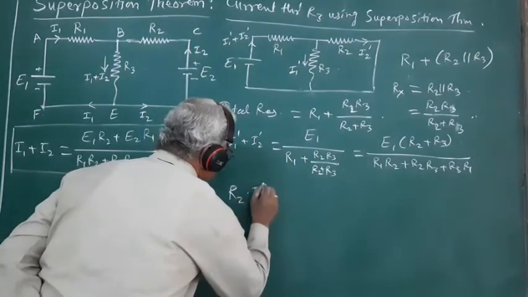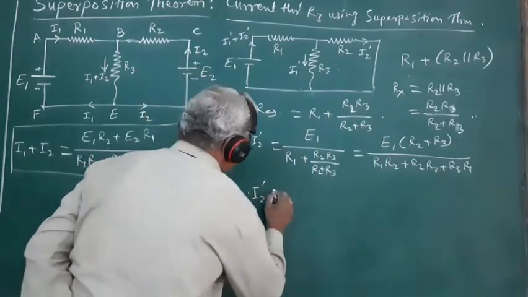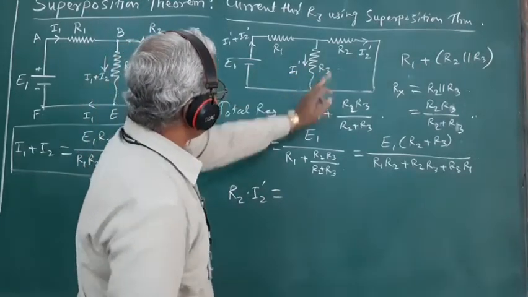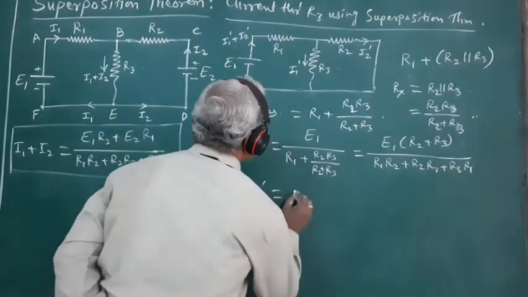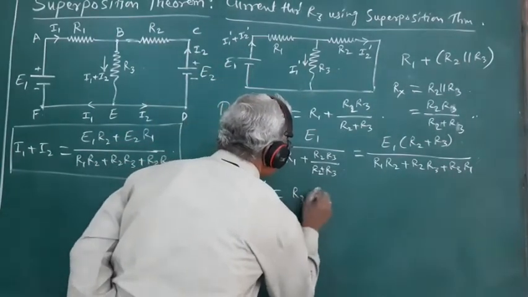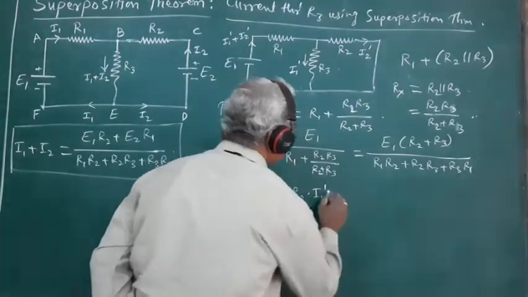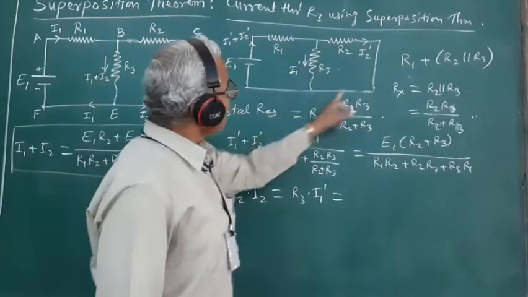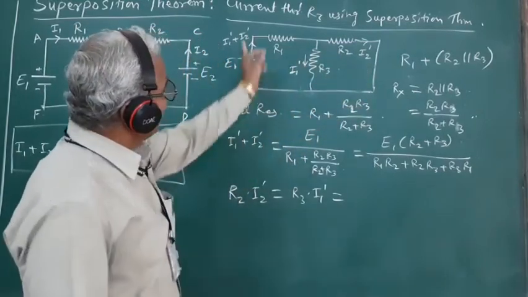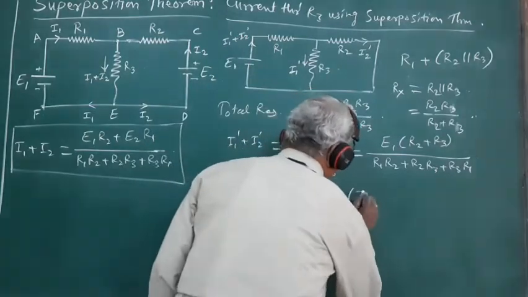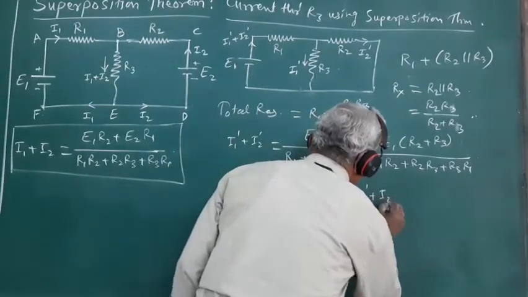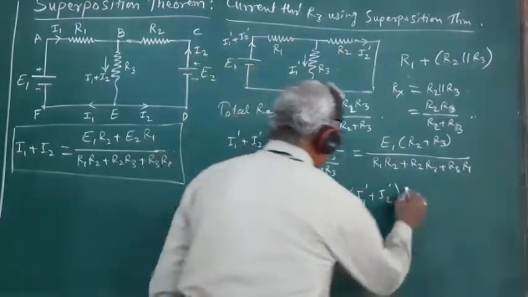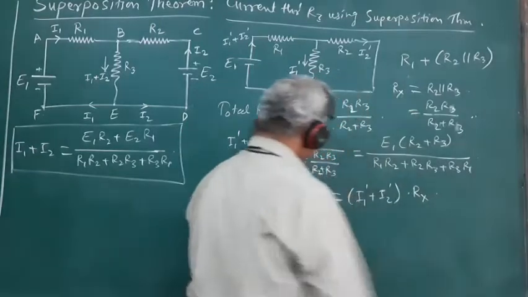R2 into I2 prime, right? And this must be equal to, when the current I1 prime flows through R3, the potential drop across R3, which will be R3 into I1 prime, and this must be equal to the potential drop across this parallel combination. The current flowing through the parallel combination is I1 prime plus I2 prime, and the equivalent resistance of the parallel combination is Rx.